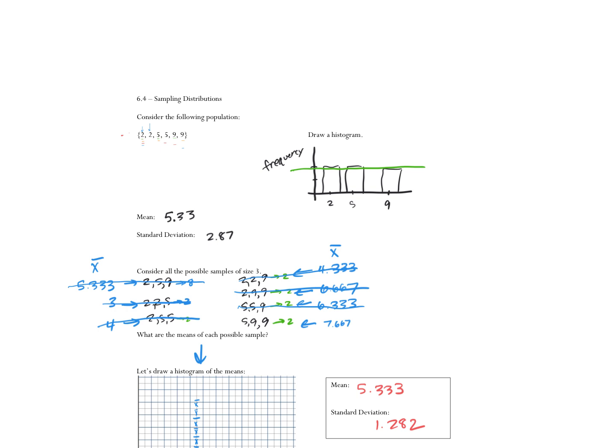In real sampling, we only take one sample. Okay? The sampling distribution has a set of rules that we're going to learn about. And that set of rules is designed for if we took every possible sample, we never actually take every possible sample, because that would be a pretty wackadoodle thing to do. Everybody good?